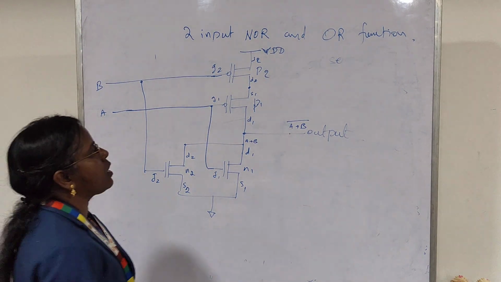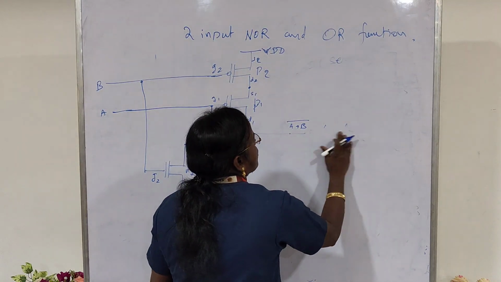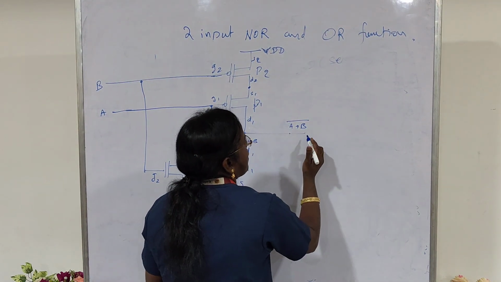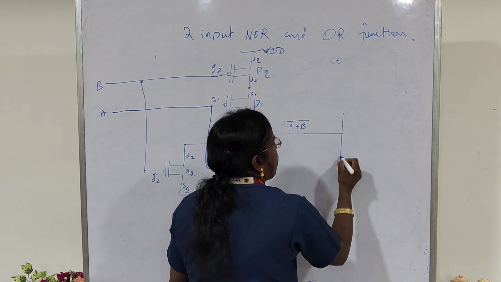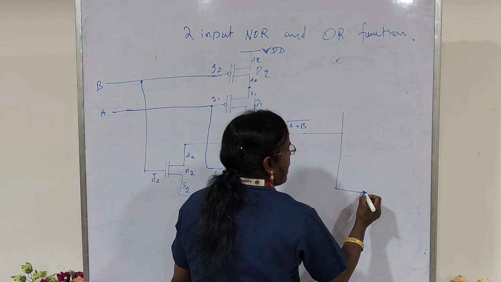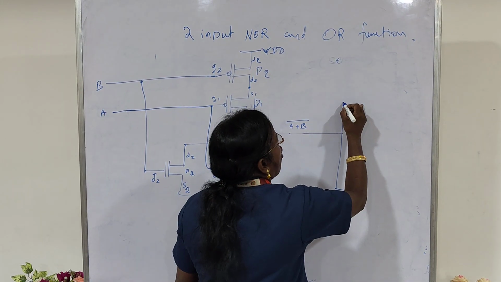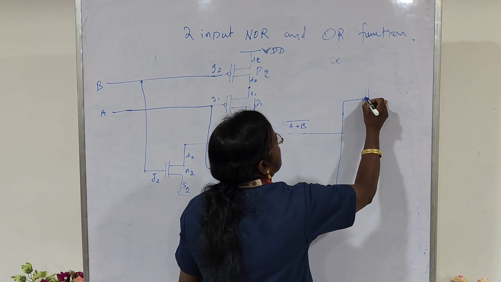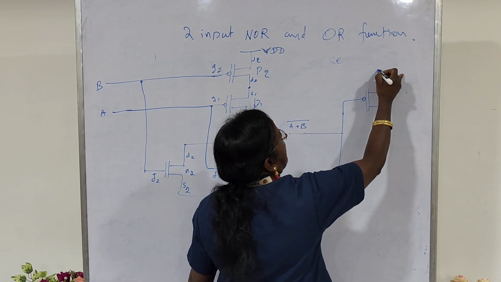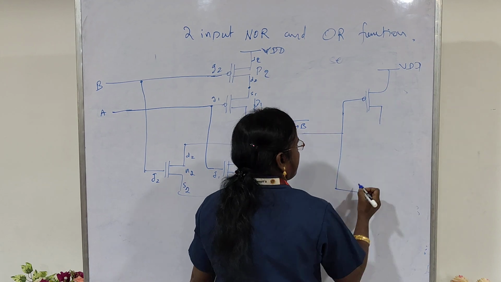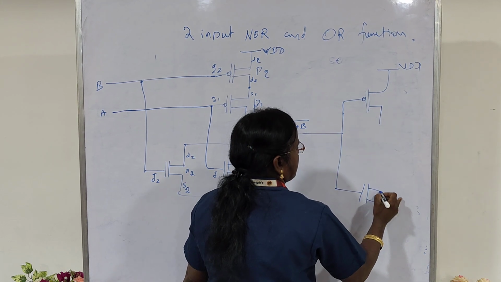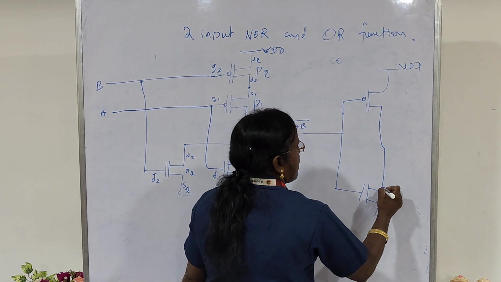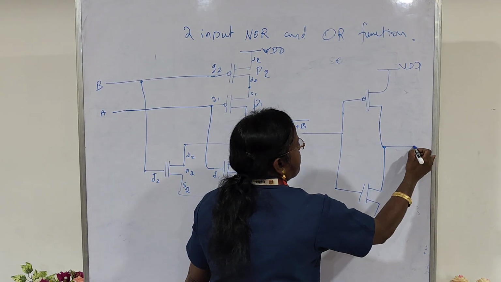If I want to implement the OR gate, I have to use one NOT gate at the output terminal of the CMOS NOR gate so that I can get the OR function. Take this CMOS inverter, made by connecting one NMOS and one PMOS.